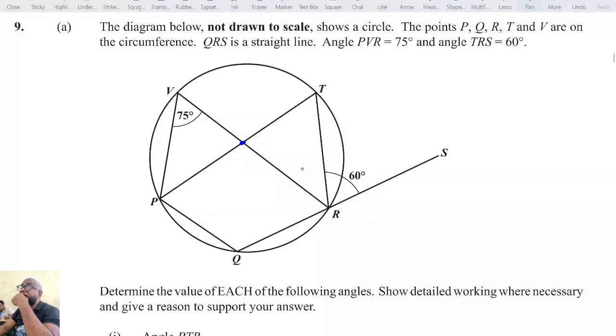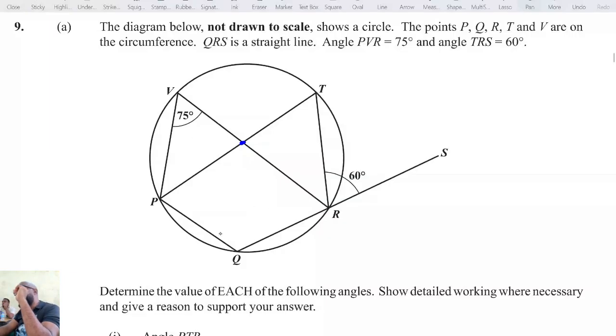So let me start to read. The diagram below, not drawn to scale, shows a circle. The points P, Q, R, S, T, and V are on the circumference. Q, R, S is a straight line. Angle PVR is 75.